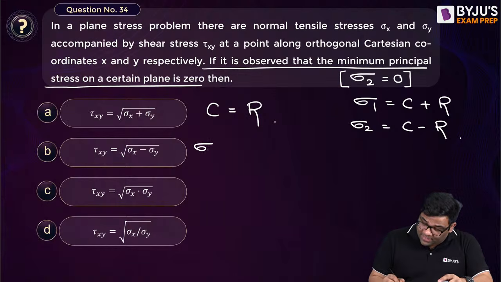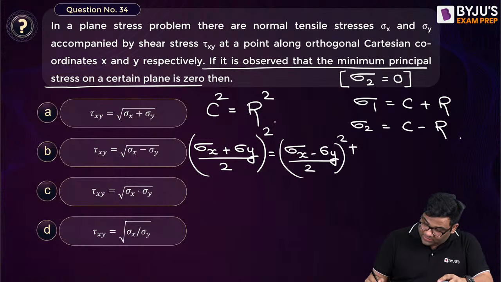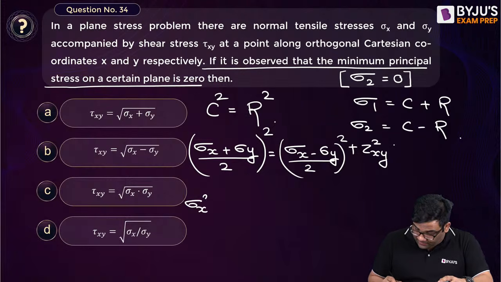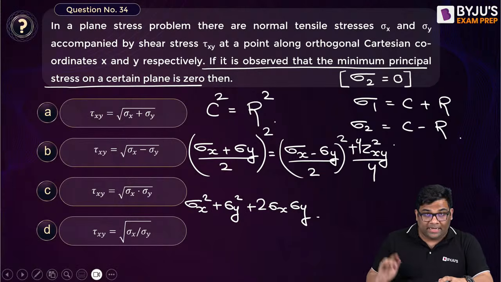So C is sigma x plus sigma y by 2, and if I take the square, this whole square, and radius square will be how much? Sigma x minus sigma y by 2 whole square plus your tau xy square. Now if you open the brackets, what will happen? Sigma x square plus sigma y square plus 2 sigma x sigma y. I will take this as 4 and divide by 4, so all the 4s will get cancelled.